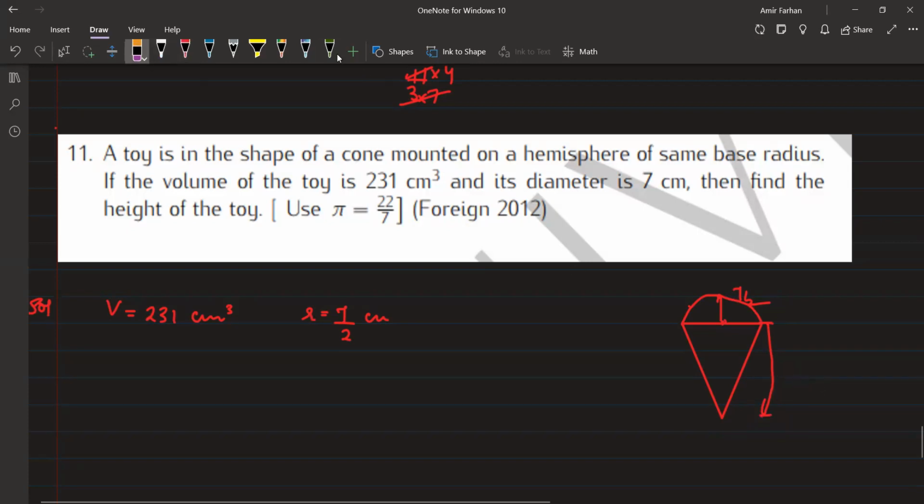So your total height is equal to x plus 7 by 2, yes or no? Yes, sir. Clear? So your height is equal to x plus 7 by 2 centimeter.